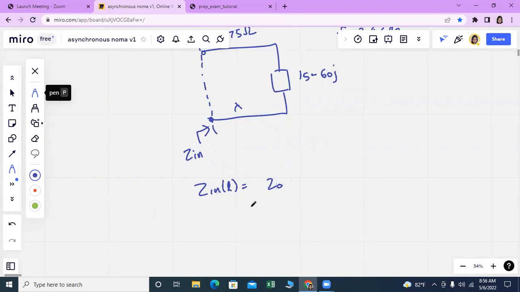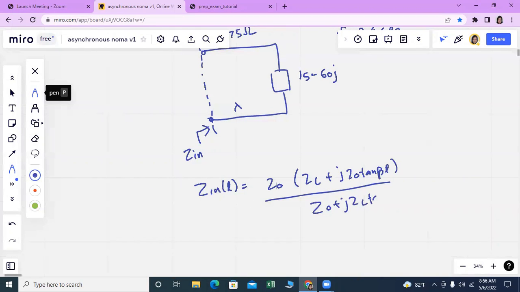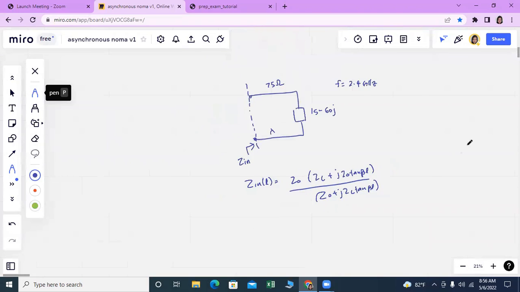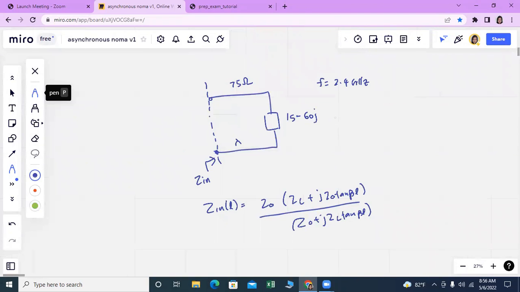which is Z naught into (ZL plus j Z naught tan beta L) divided by (Z naught plus j ZL tan beta L). So we know the value of Z naught is equal to 75 ohms. Beta value we know is 2 pi over lambda, right?